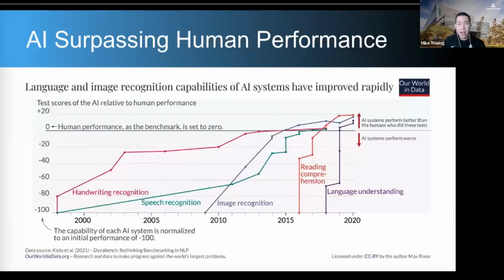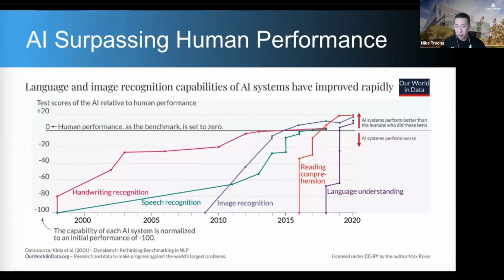All right, so why is it so disruptive? Some of this you might have heard in other places or in previous meetings, but I think it's important to reiterate. AI capability is constantly being improved to a point where it is exceeding a lot of human performance in a lot of areas.